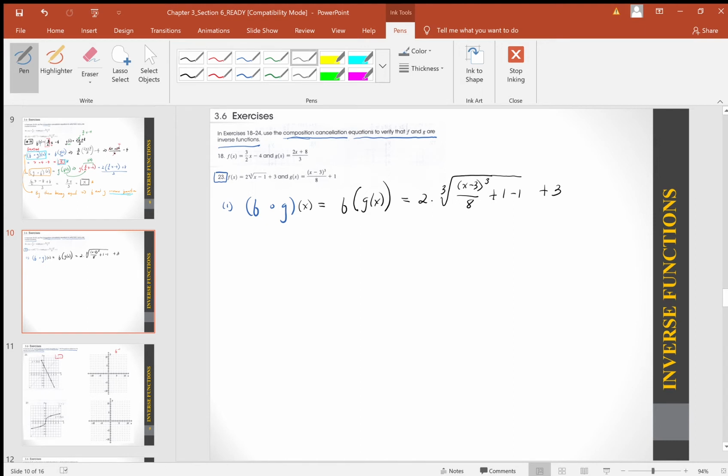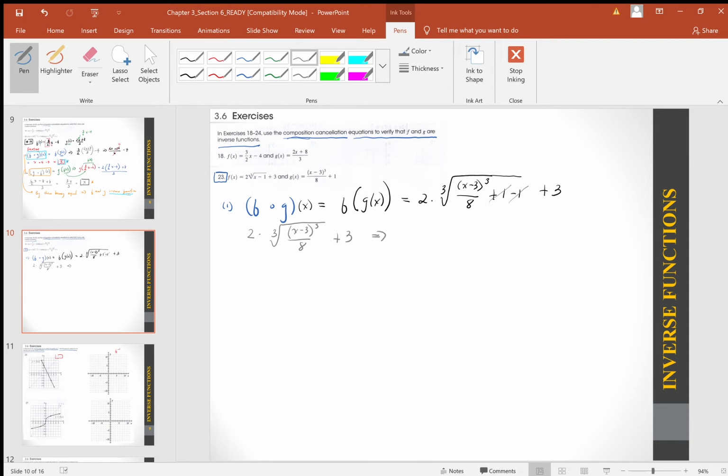Okay, and we do that, we're going to get 2. And these two cancel out each other. Okay, so that's going to be 2 times the cube root of x minus 3 cubed divided by 8 plus 3.